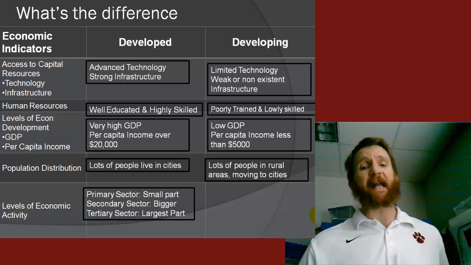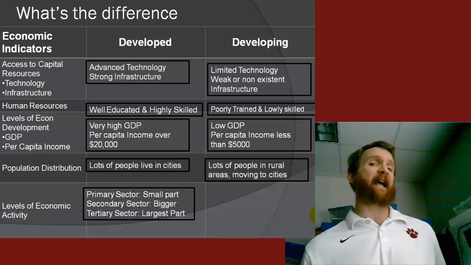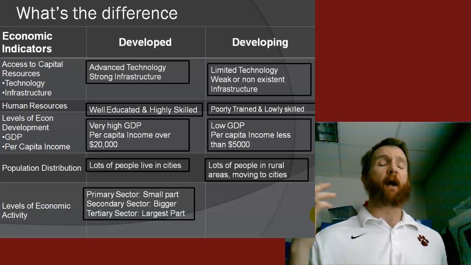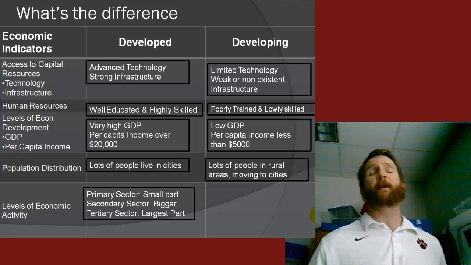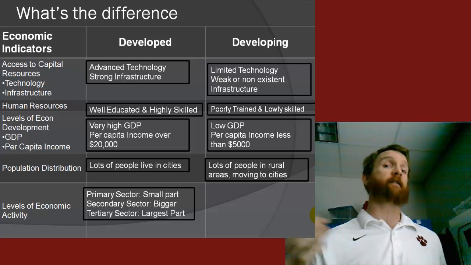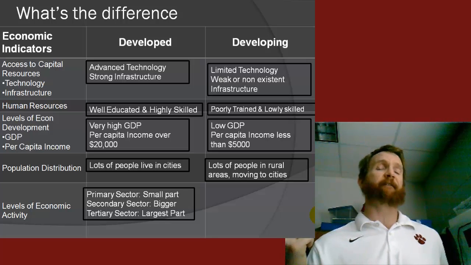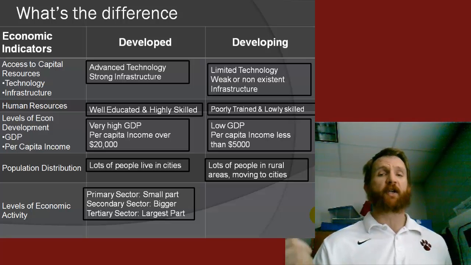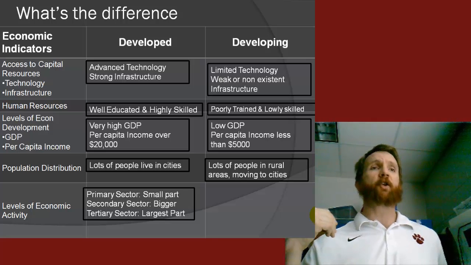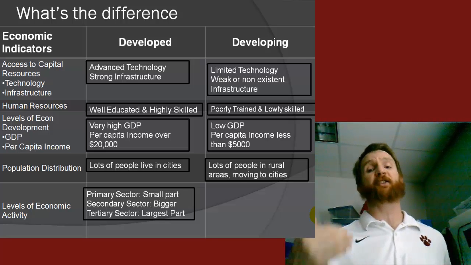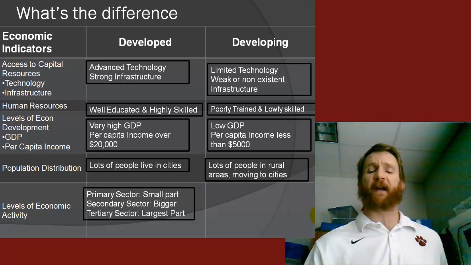Okay? Economic activity. Levels of economic activity in a developed country. Tertiary is the largest part. So lots of people are doing jobs that involve serving other people, working, distributing things, fixing cars, plumbers, doctors. You are doing more to fix things than you are to make things or even pull stuff out of the ground.